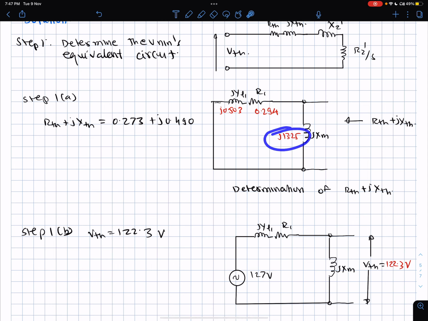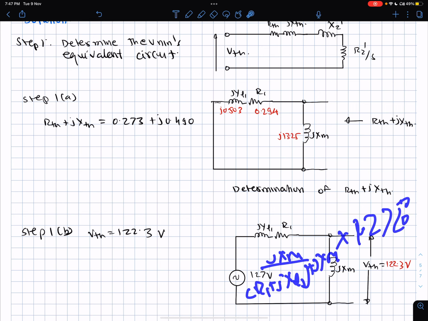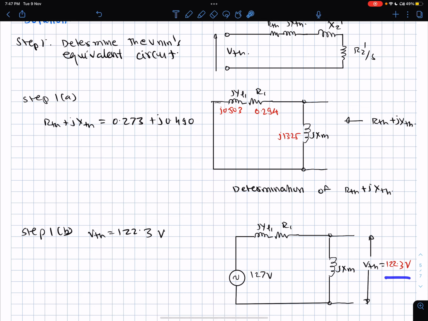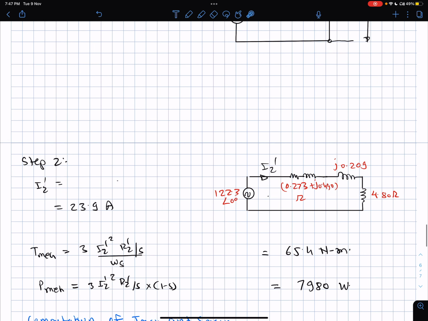So we get it as jXM divided by R1 plus jXL1 plus jXM, into 127 angle 0, which comes to 122.3.